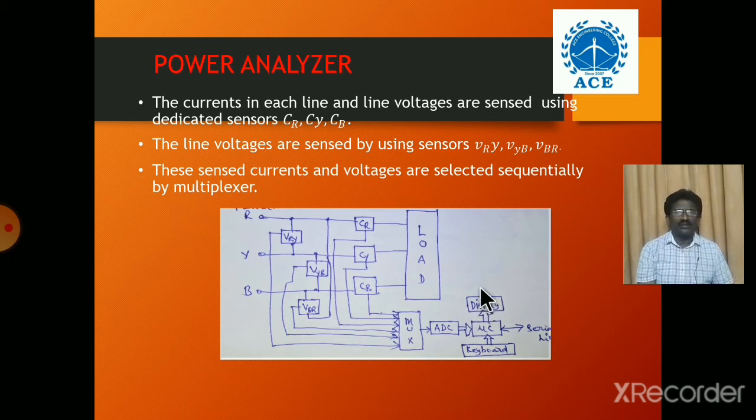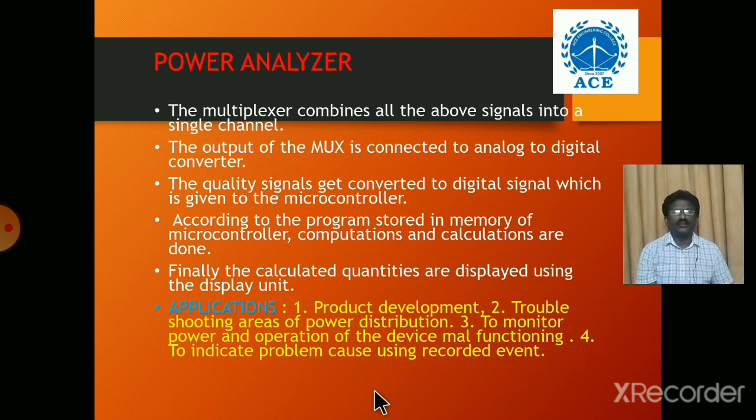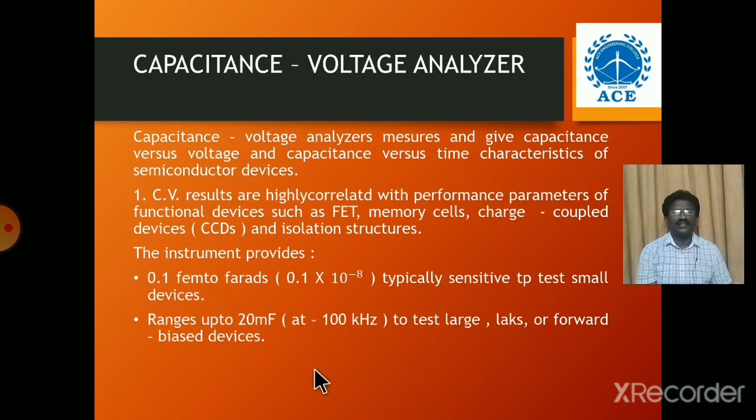So applications of the power analyzer: product development, troubleshooting areas of power distribution, to monitor power and operation of a malfunctioning device, to indicate the problem caused using record event. So these are the applications of power analyzers. So next topic, capacitance voltage analyzer.